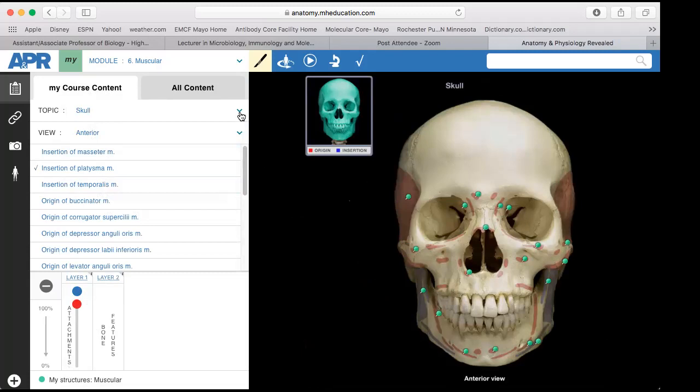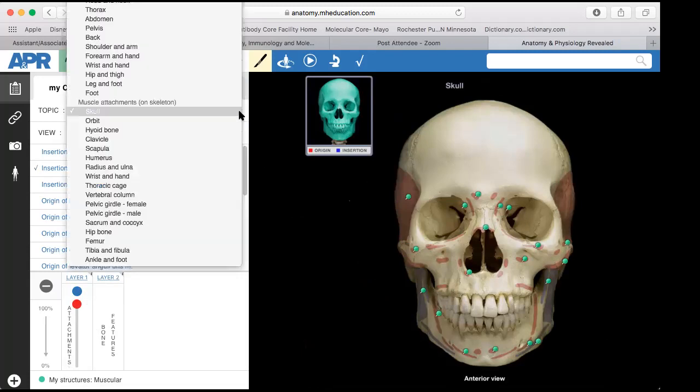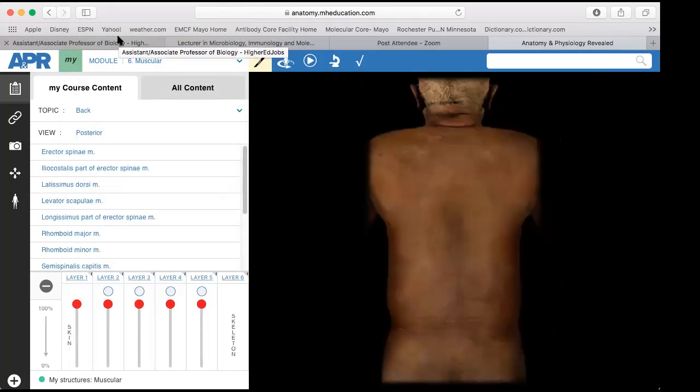That's fine. Let us see. Muscle attachment. Muscles of the head and muscles of the torso.